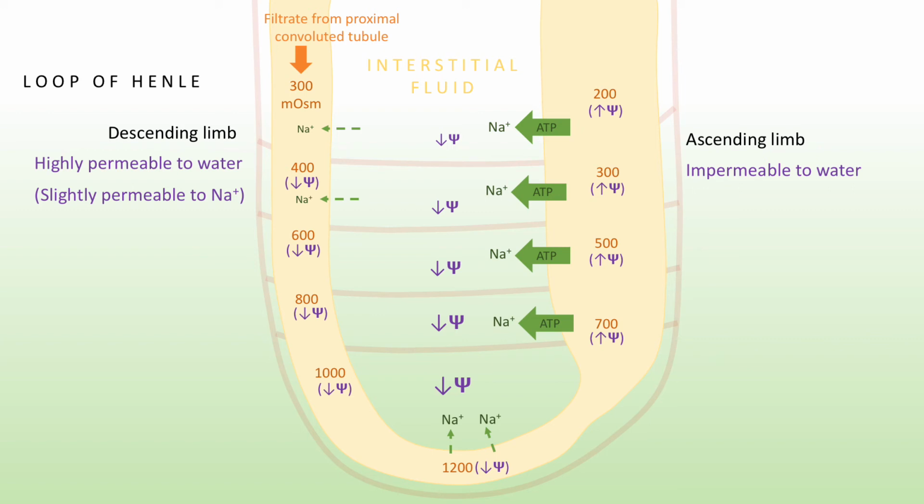So by the time the filtrate reaches the top of the ascending limb, it has a much lower milliosmolar concentration, around 200, and a much greater water potential. And from there it moves into the distal convoluted tubule.